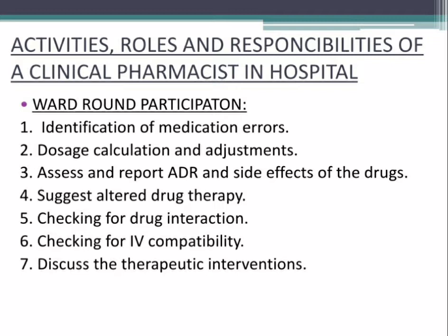So all these aspects we are going to study. Next is dosage calculation and adjustment. We will check whether the doses are correct or not. It is adjusted based on whether it is a pediatric patient, geriatric patient, or a pregnancy case, or whether they have any comorbid conditions. So all these things we will consider when we are attending the ward rounds.